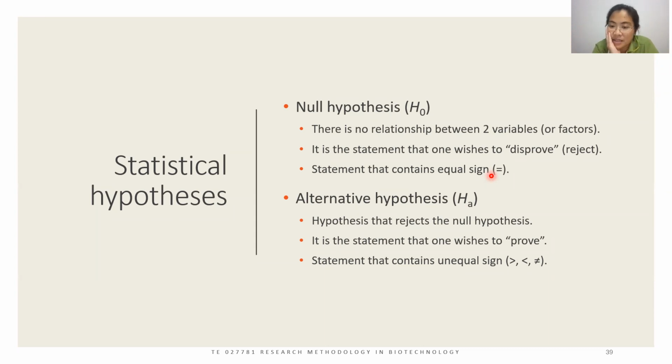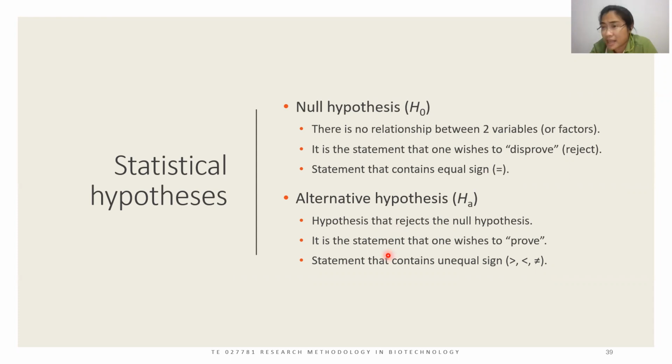The alternative hypothesis is the hypothesis that rejects the null hypothesis. If you use the null hypothesis and accept it as true, the opposite doesn't mean that it is wrong. The alternative hypothesis is the statement that one wishes to prove, and it contains an unequal sign.